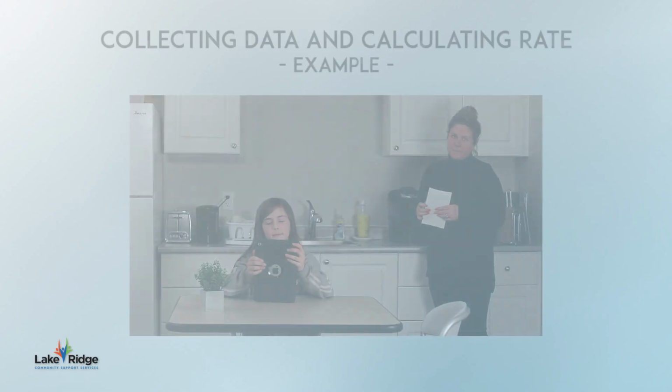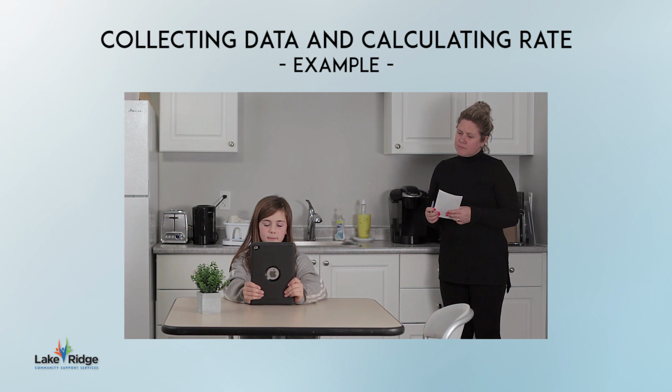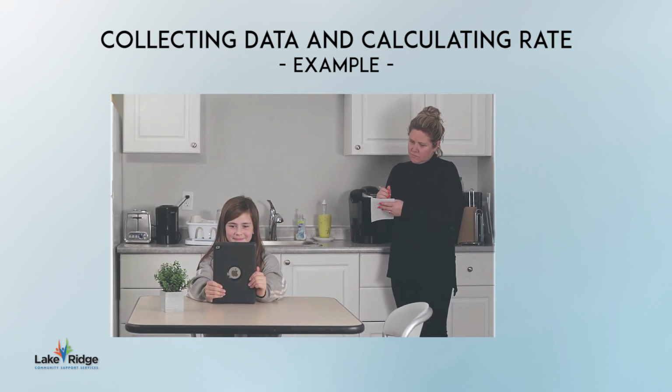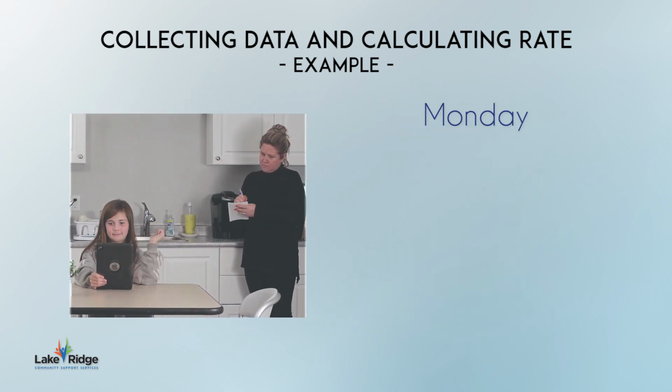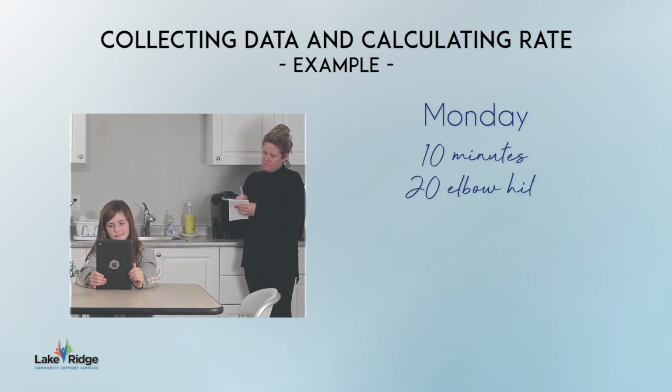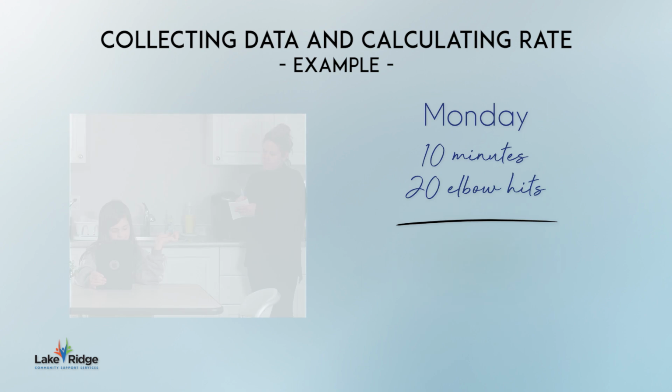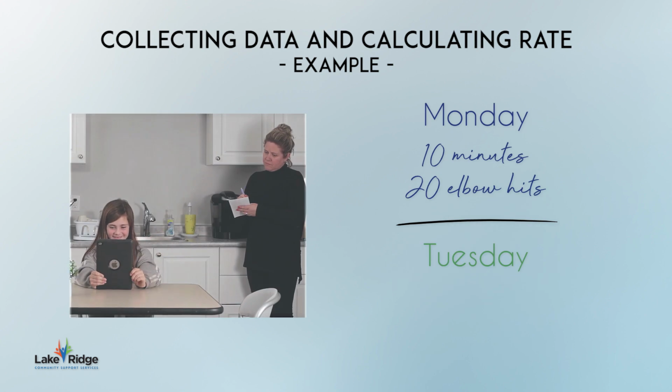The following example will show you how to use rate to collect data. Let's go back to our previous example where a child was banging their elbow on the table. On Monday, the parent observed them for 10 minutes and recorded 20 elbow hits. On Tuesday, the parent observed them for 20 minutes and recorded 50 elbow hits.